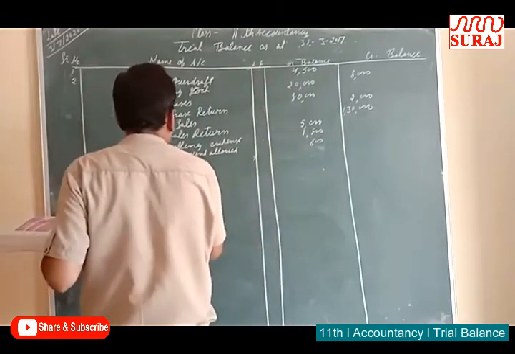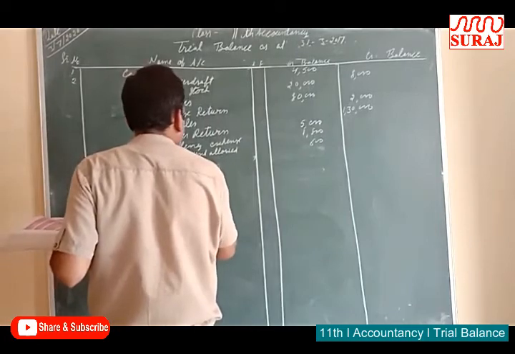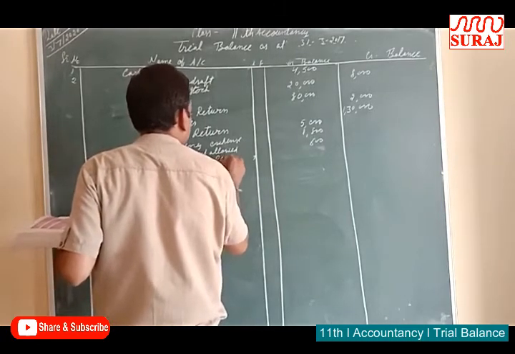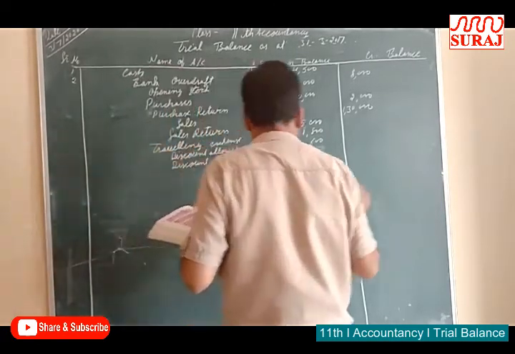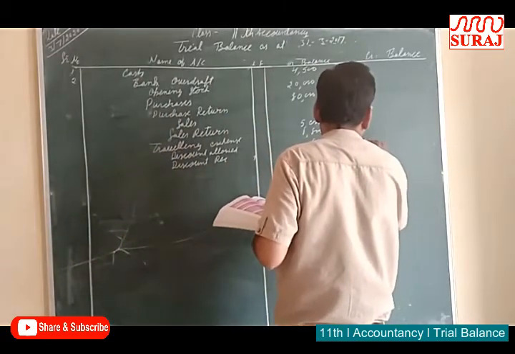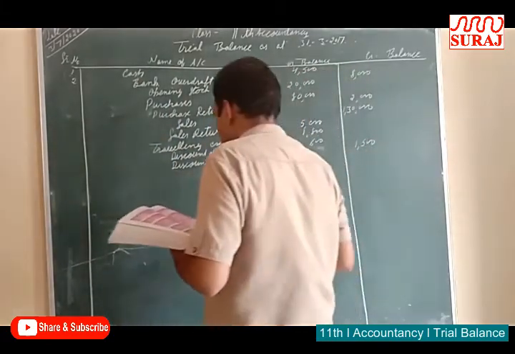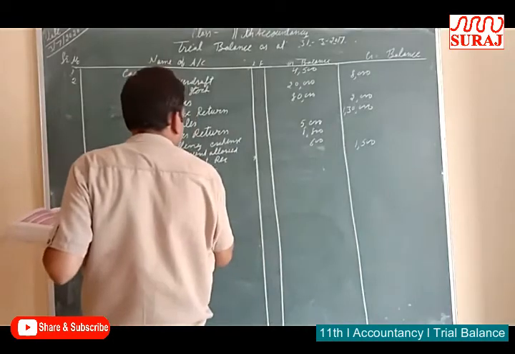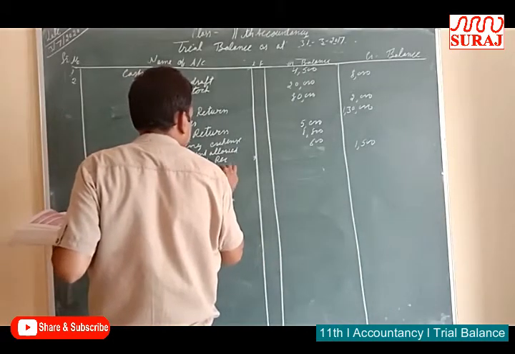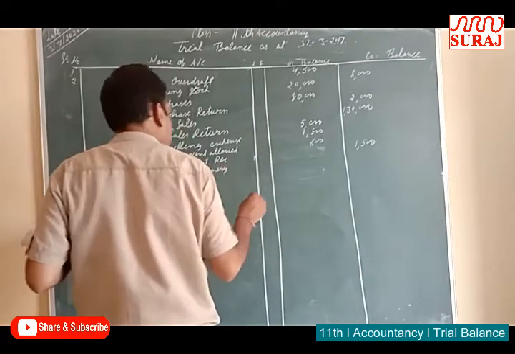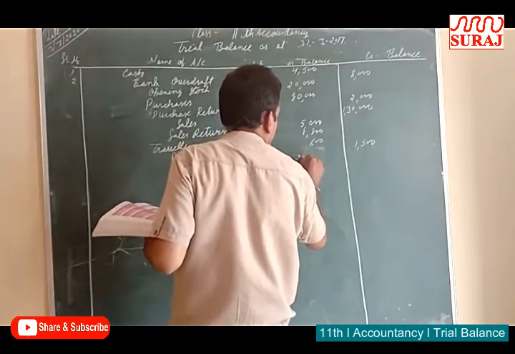Discount received, income, credit balance. Machinery, asset, debit balance: 24,000.